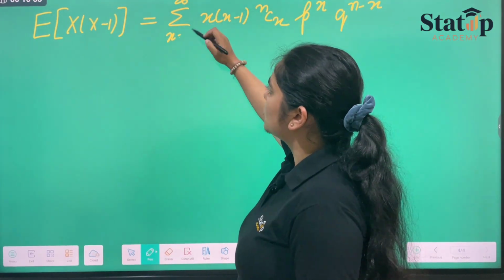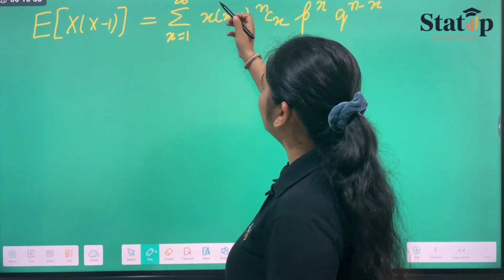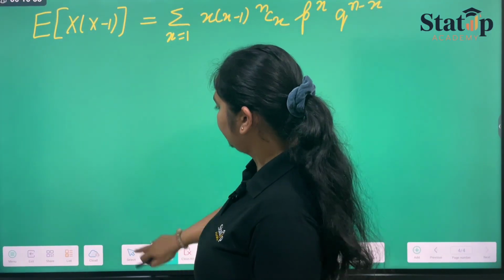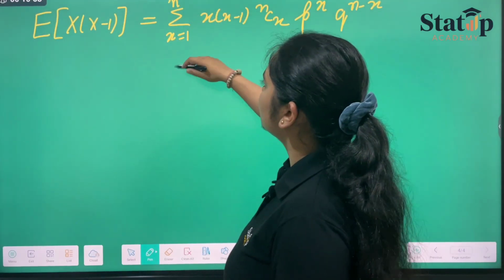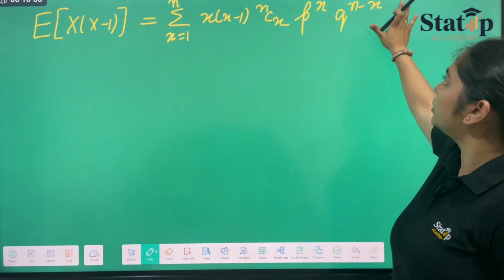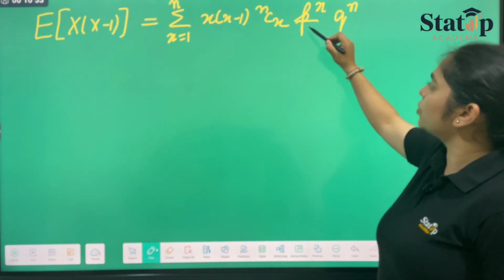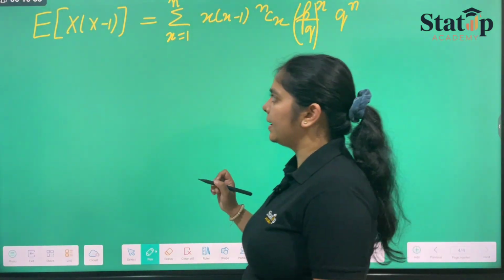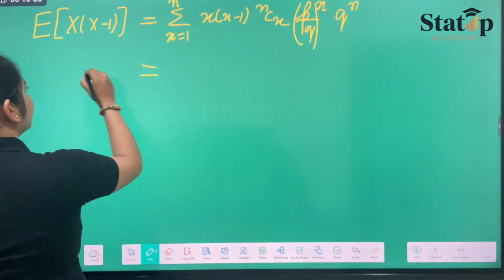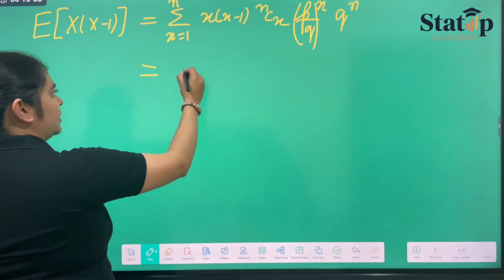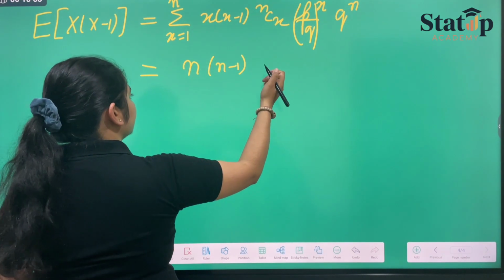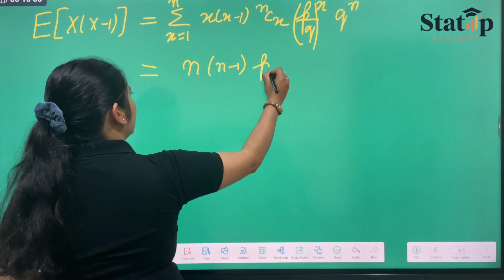We'll take x goes from 1 to n, not infinity, and instead of writing minus q here, we'll write q here, and so on, and finally we will be getting expectation of x into x minus 1 as n into n minus 1, p square.